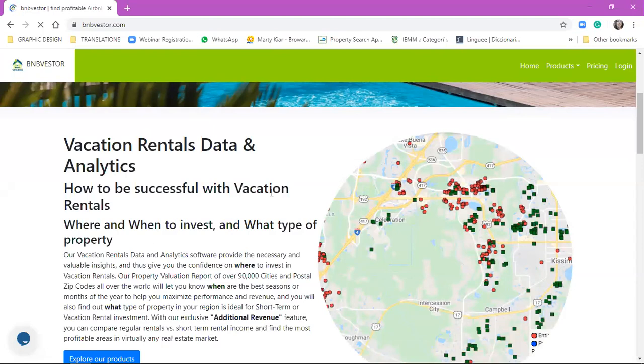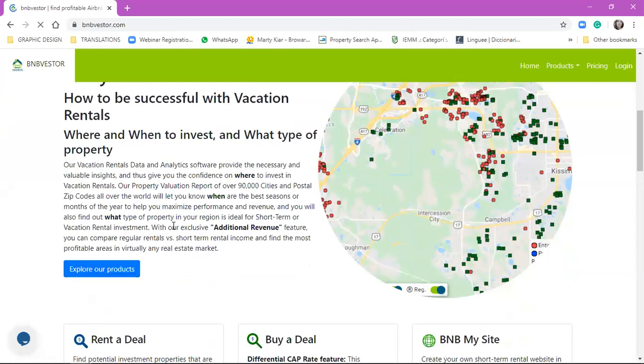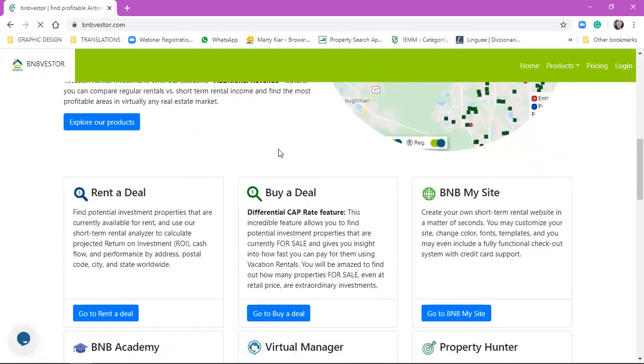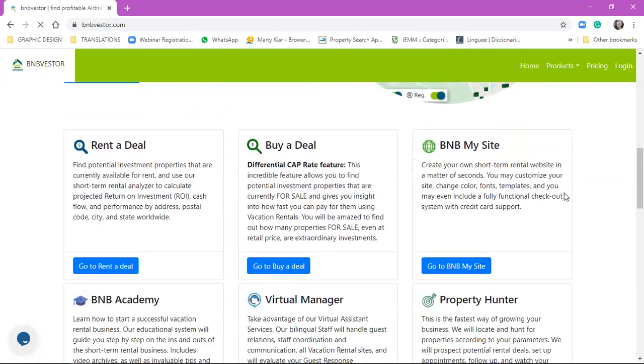And even how much additional revenue you're going to retrieve from that rental, depending on all those factors that I just told you.